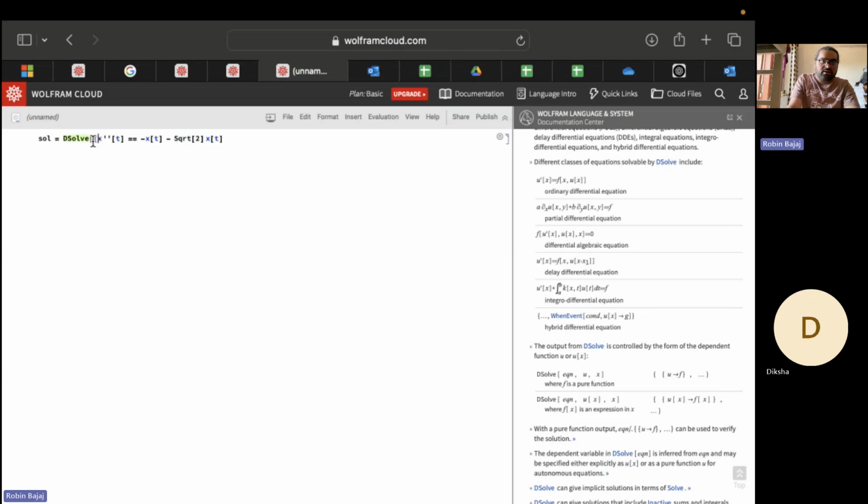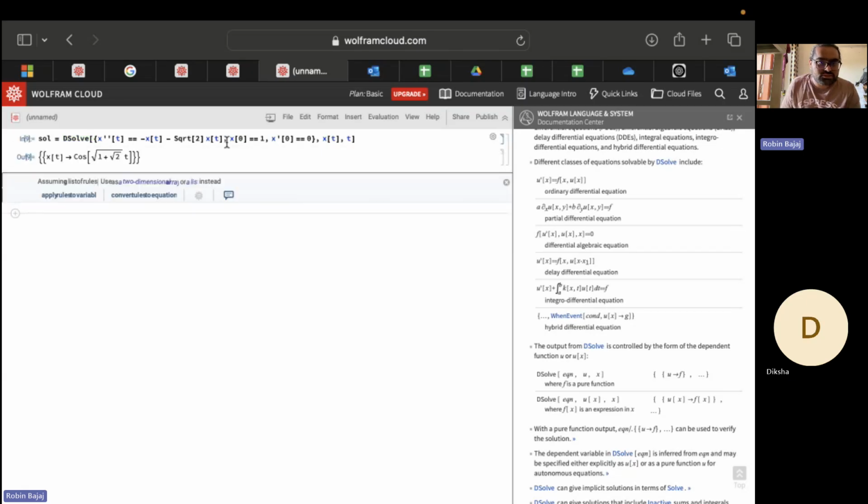So I'll put a curly bracket and specify the initial conditions as well, which is x of 0, at time t equal to 0, equal to 1, which is given to us. X derivative at 0 is equal to 0. I'll close this. What I want is x of t. What is the independent variable? T. That's the syntax. And you close it. You solve this. You get the solution.